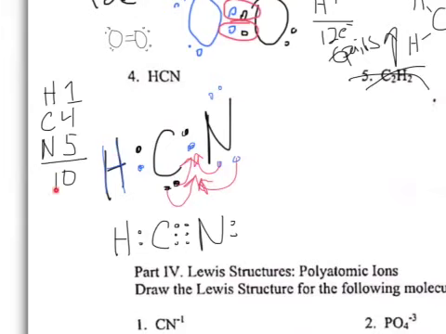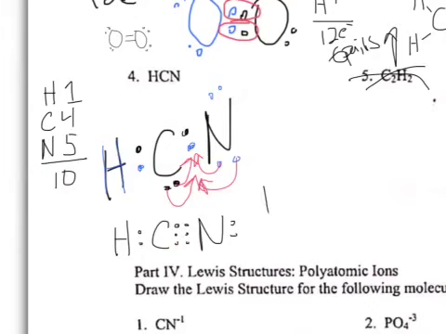Do we have 10 total electrons, meaning 5 pairs? 1 pair, 2, 3, 4, 5 pairs. And carbon has 1, 2, 3, 4, 5, 6, 7, 8 around it. Nitrogen has 1, 2, 3, 4, 5, 6, 7, 8 around it, and they are happy.